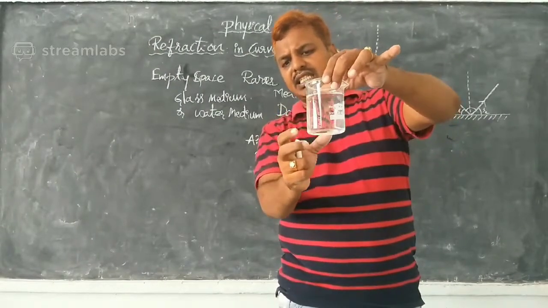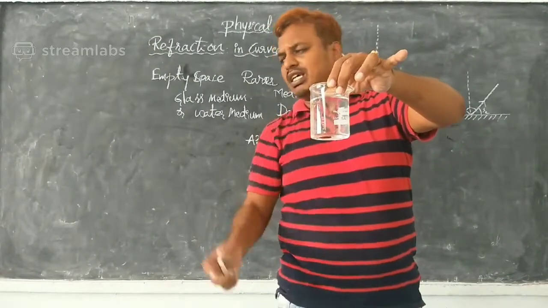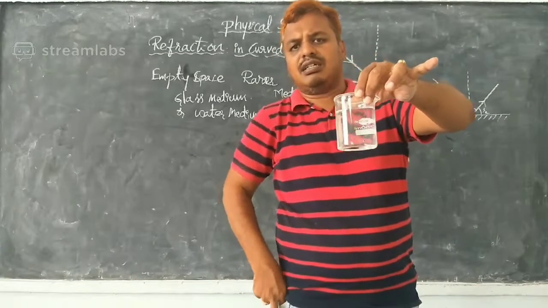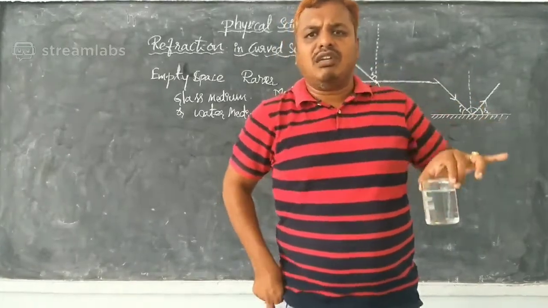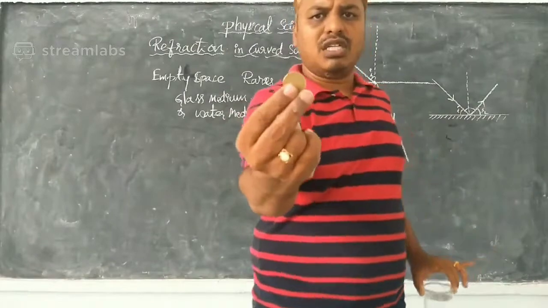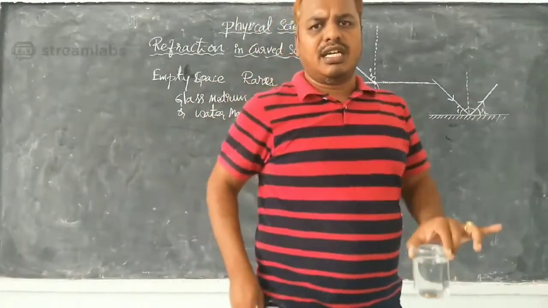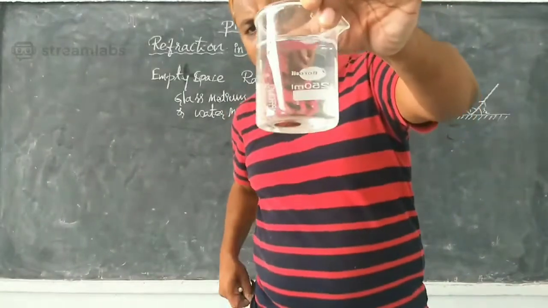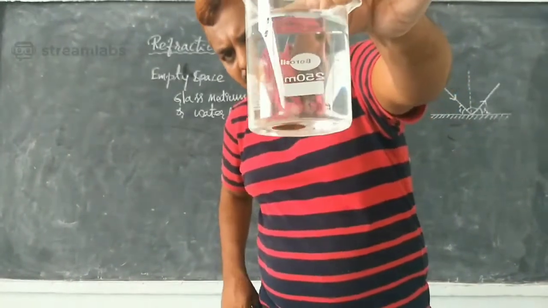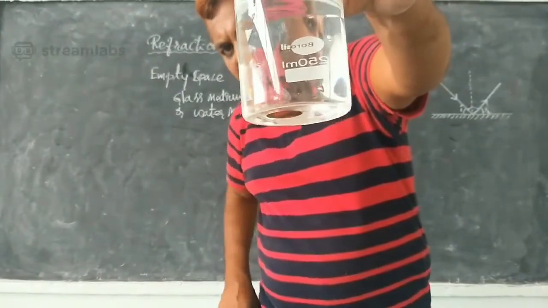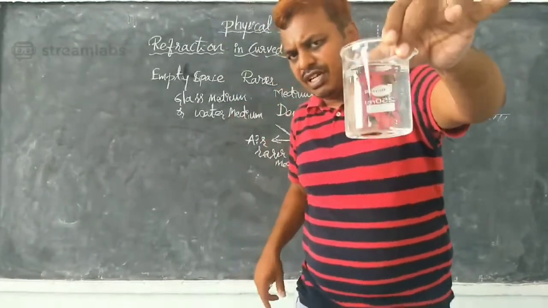When the coin was outside, the coin was very small, right? When the coin is inside the water, it looks very big. Why is there a difference?